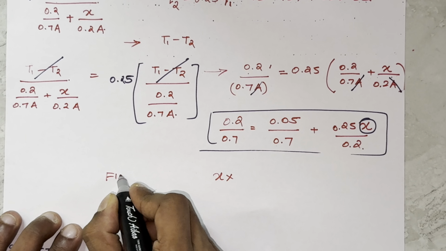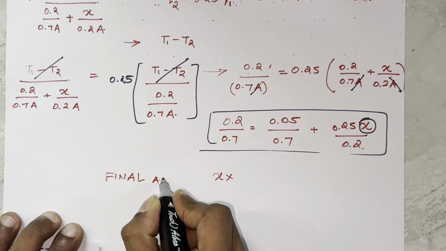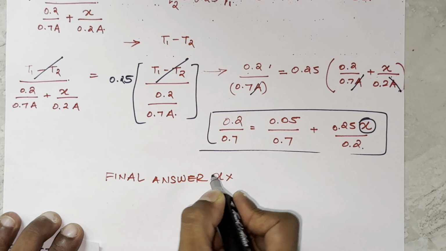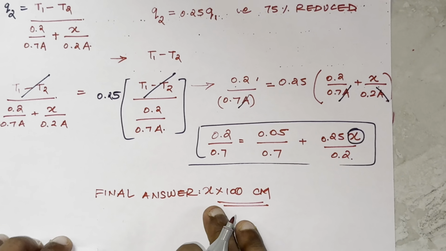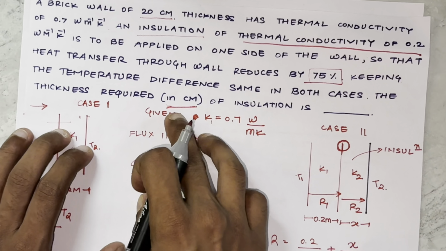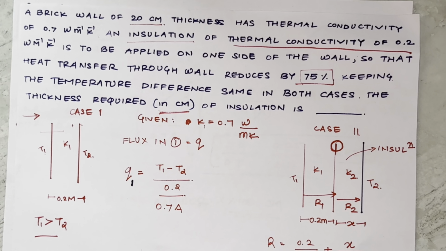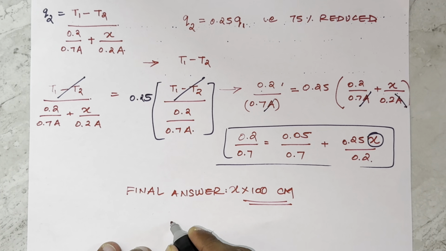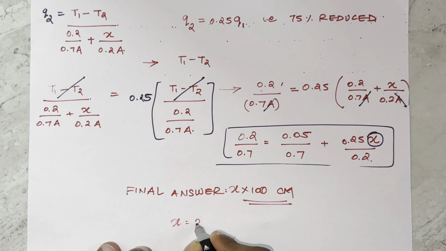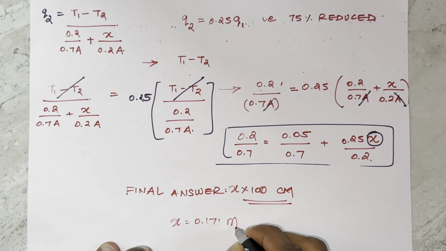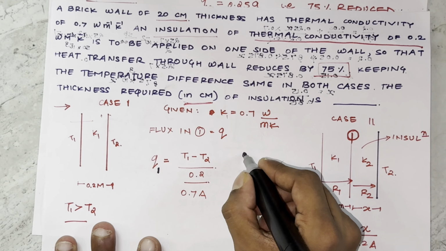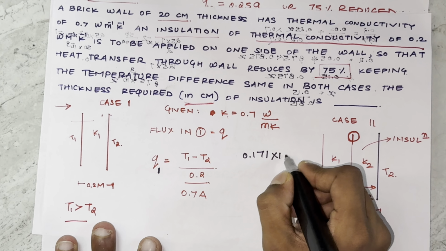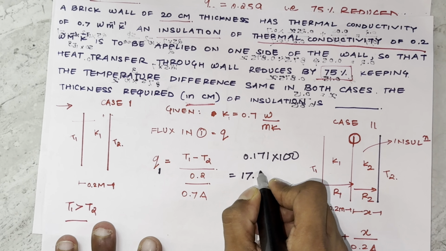The final answer is x into 100 centimeter. x will be 0.171 meter, and since we are asked to find it in centimeter, the answer will be 0.171 into 100, which is 17.1 centimeter.